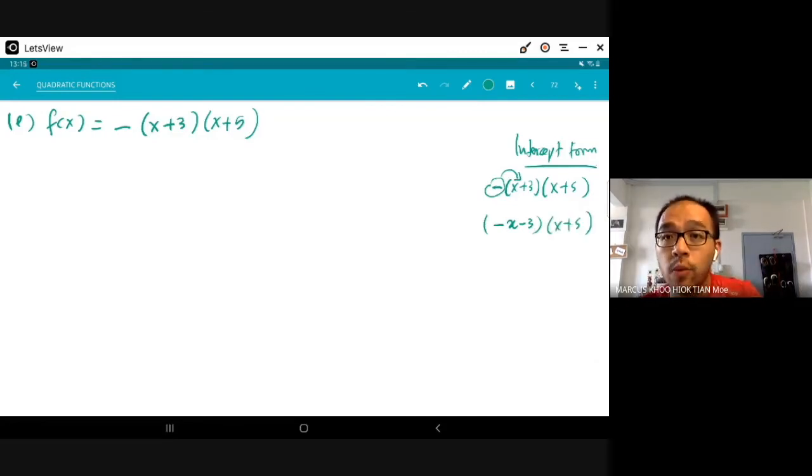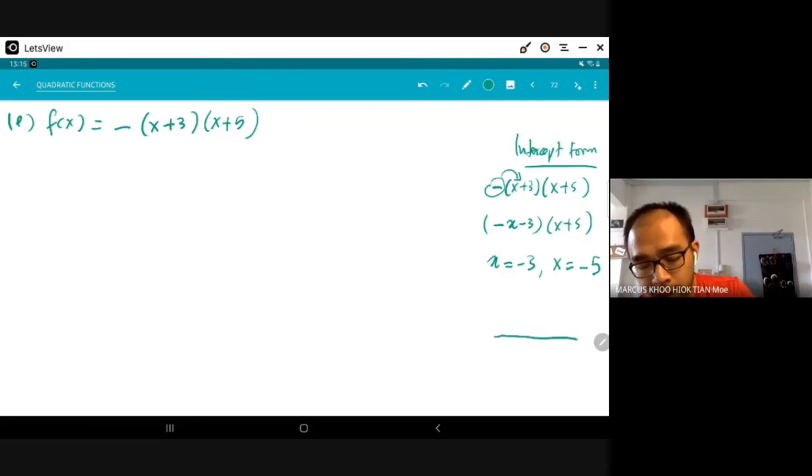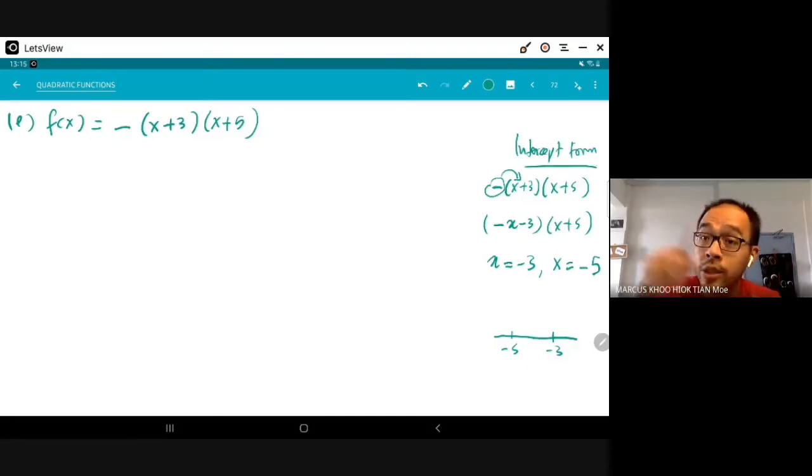Then you get the two values of x, which is x equals minus 3 and x equals minus 5. But the problem is we still don't know whether it is a U shape or this one. Let me plot: negative 5 on the left, negative 3 here. But we don't know what shape it is yet, whether it is an N shape or U shape.